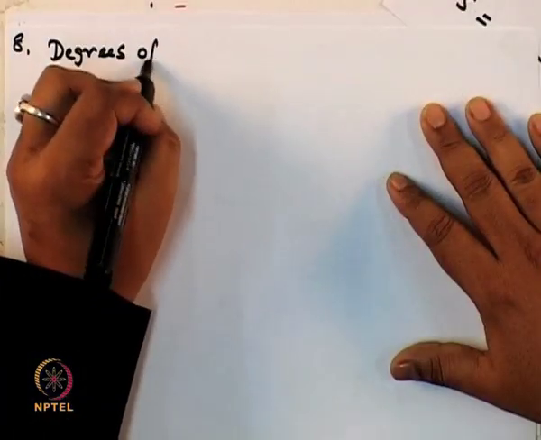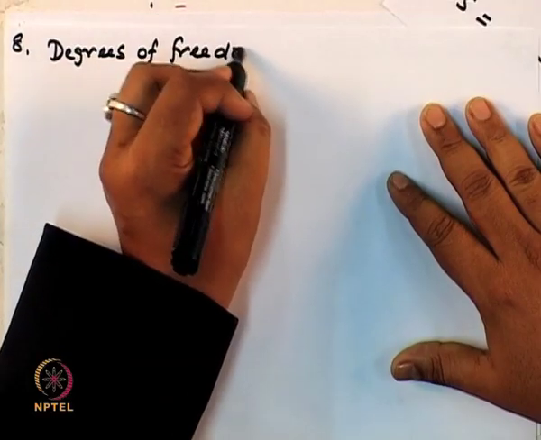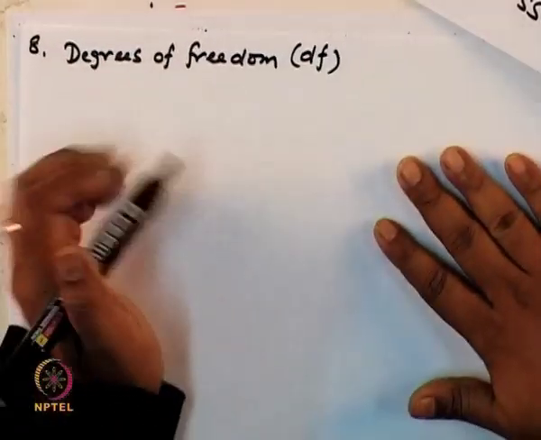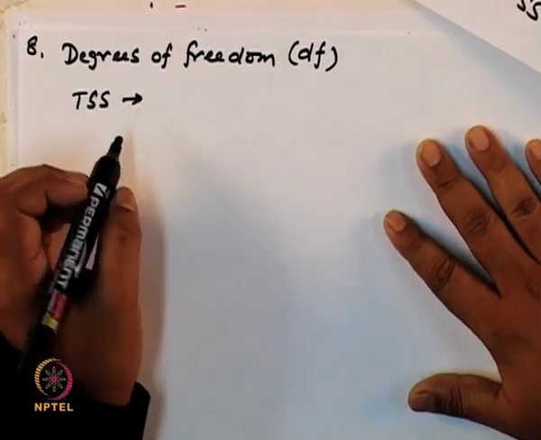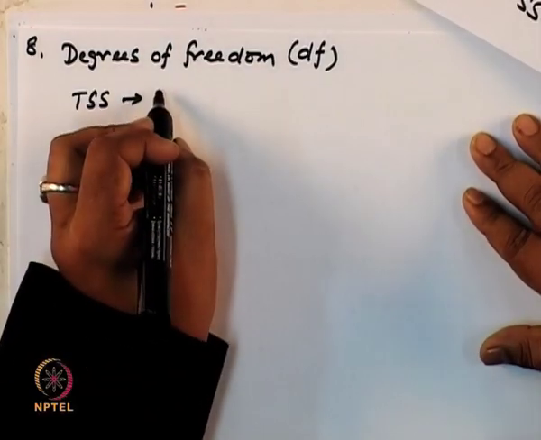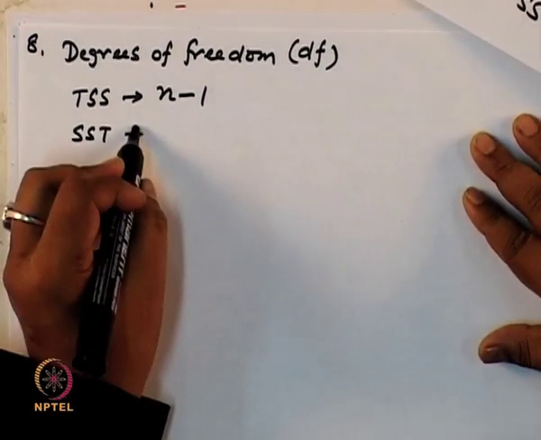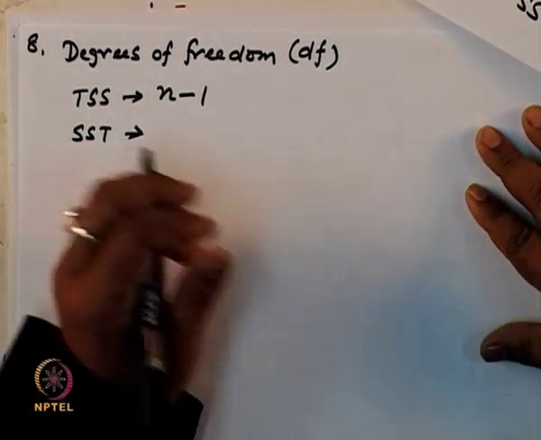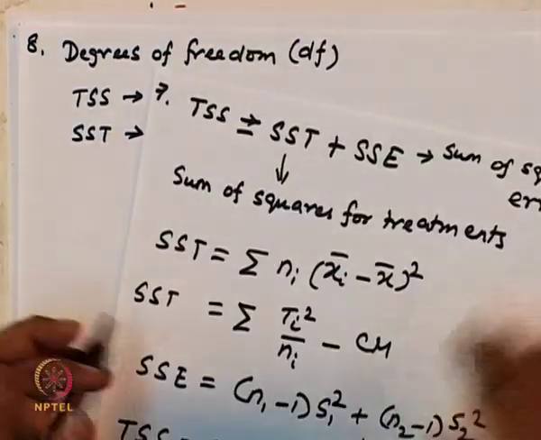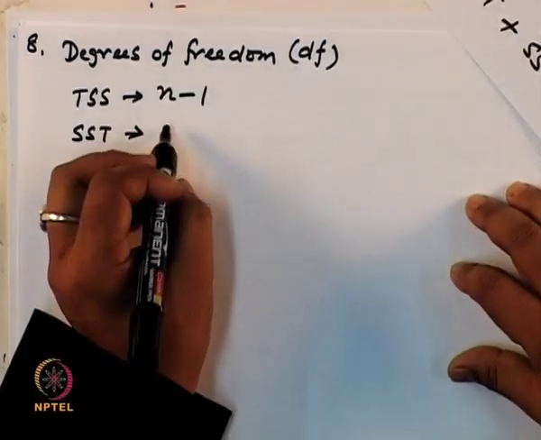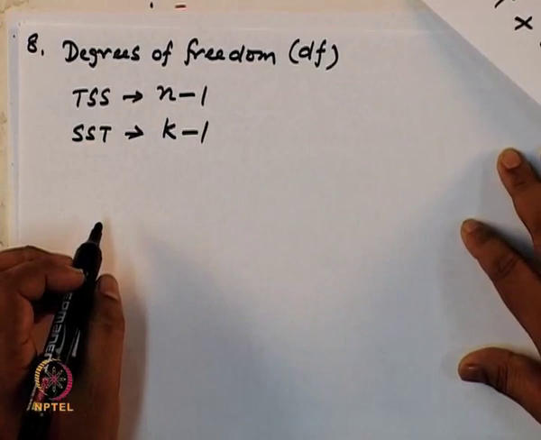So, what can I write about the degrees of freedom for each of these terms? For TSS, you have n terms which you square and add up, so the degrees of freedom is n minus 1. For SST, you have k terms, so the degrees of freedom for SST is k minus 1.